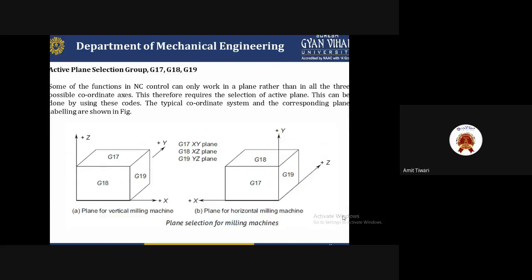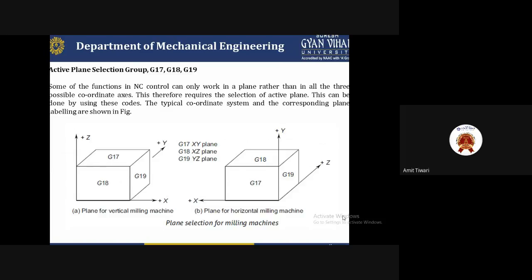This is therefore the required selection of the active plane. This can be done by using the typical code system and the corresponding planes.